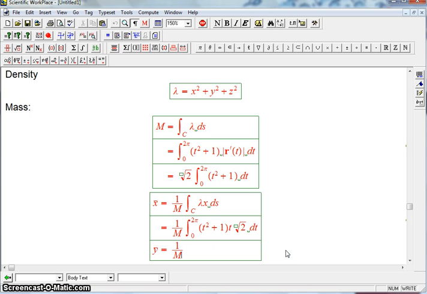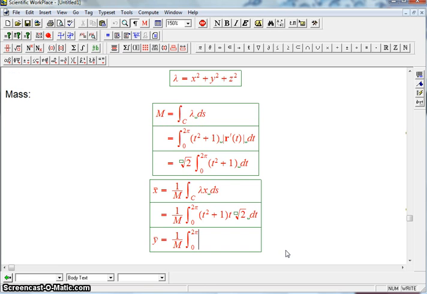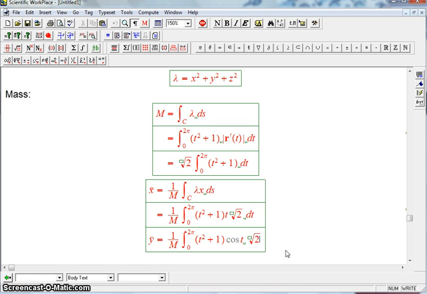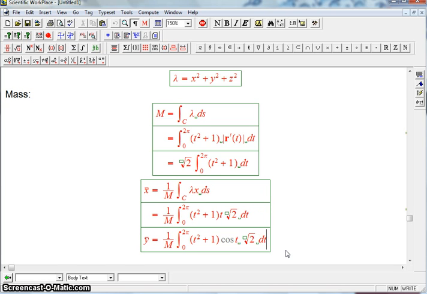So 1 over m integral 0 to 2 pi of t squared plus 1, and then cosine t times root 2 dt. You're going to have to do integration by parts twice to do t squared cosine t.